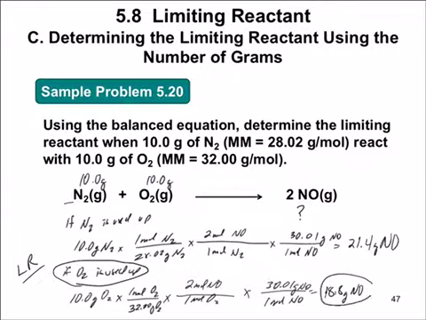Now, this would be my theoretical yield for this reaction. Okay? So your limiting reactant is used to calculate your theoretical yield. So that's one of the reasons that I just carry through my calculation all the way to the mass stage, because a lot of times I'm going to want that theoretical yield.